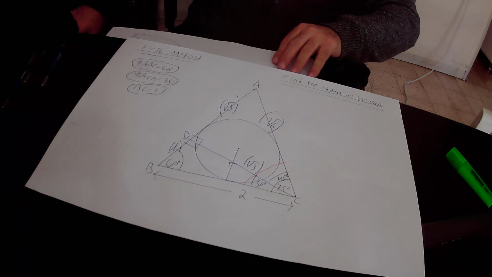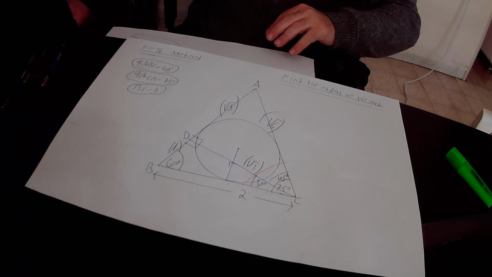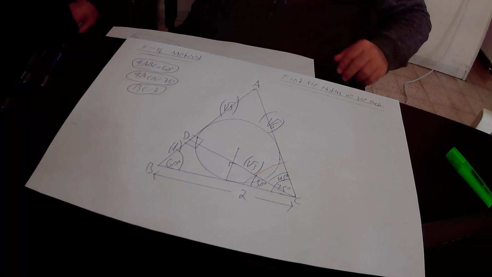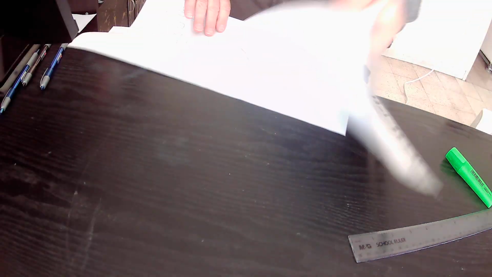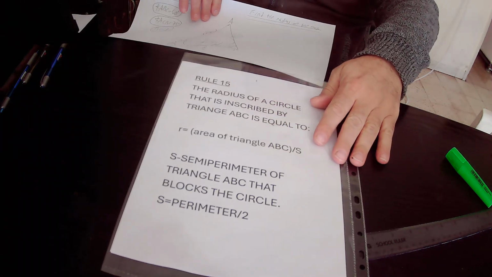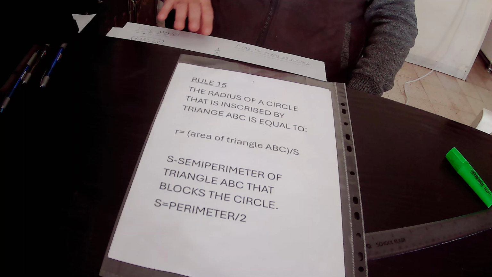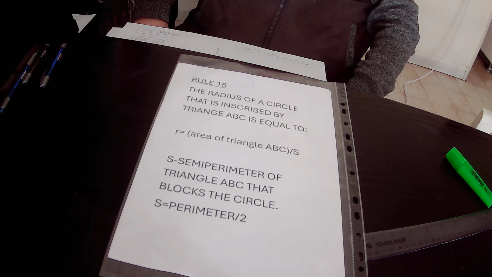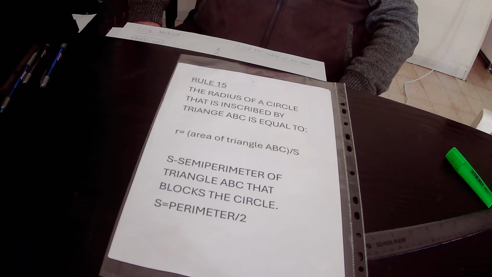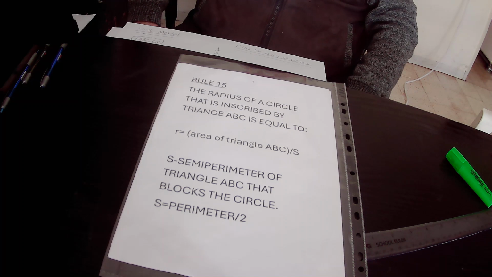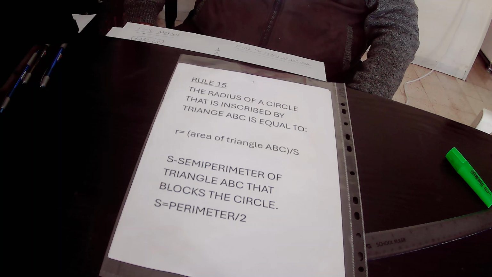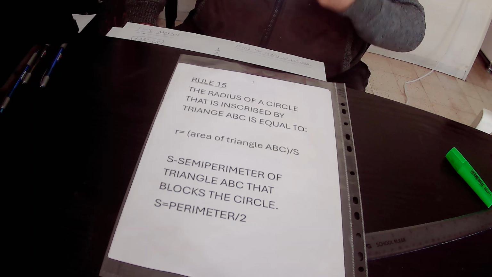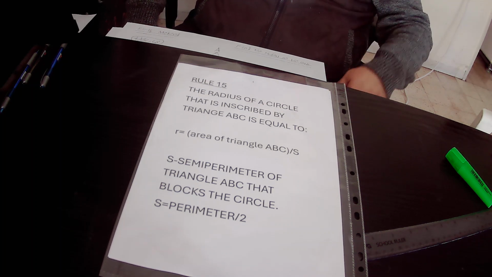Then I presented to you a new rule, and we implement the new rule in our drawing. The new rule is rule number 15. According to rule number 15, the radius R of a circle that is circumscribed about triangle ABC, which could be any triangle, equals the area of triangle ABC that blocks the circle over S. S is the semi-perimeter of the same triangle, triangle ABC.